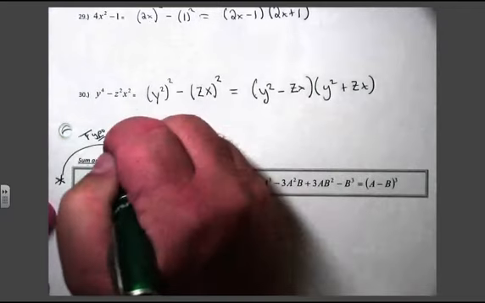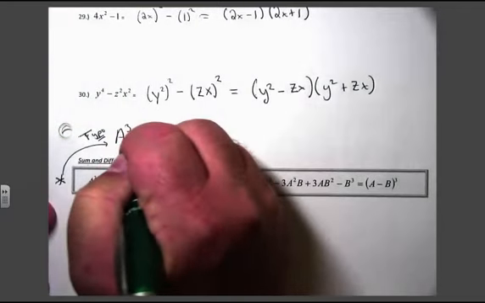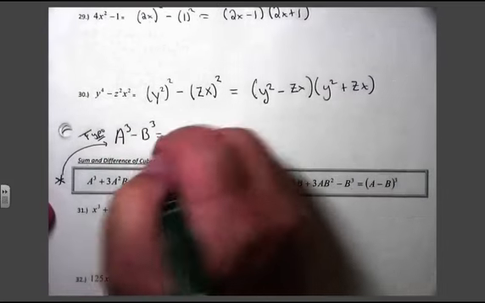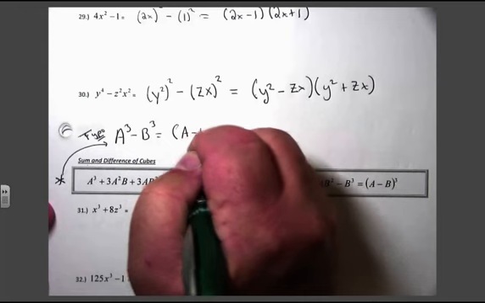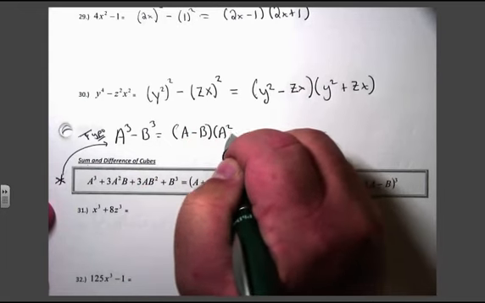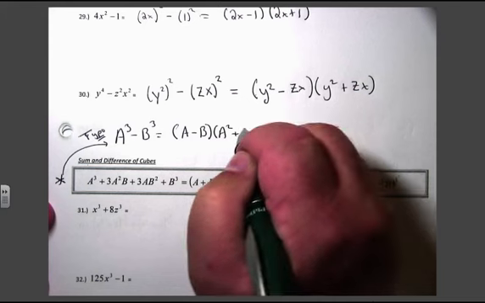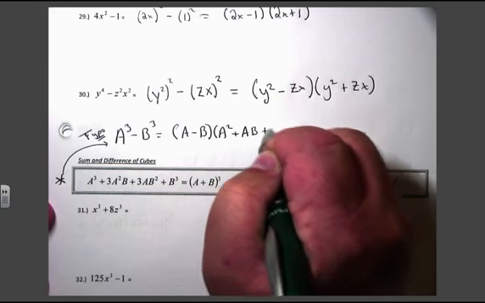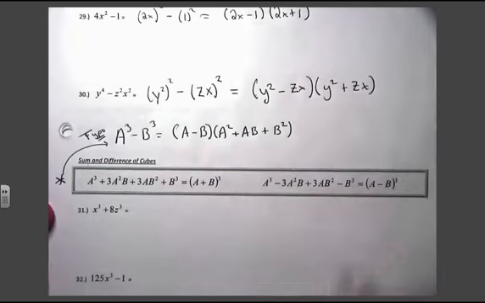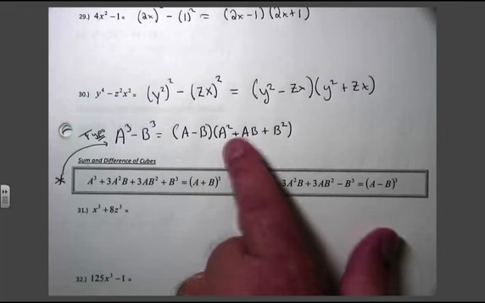Difference of cubes. A cubed minus b cubed. How does that factor? That factors into a minus b times a squared plus ab plus b squared. And this trinomial actually does not factor.